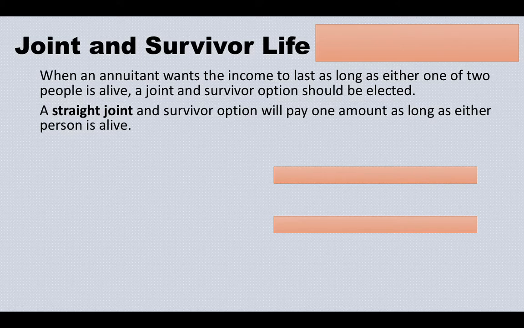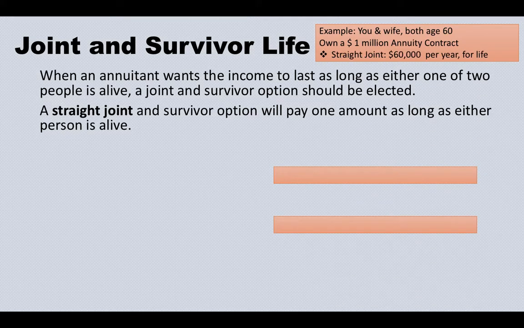You have the straight joint and survivor option, which pays one amount as long as either person lives. Say you and your wife are both age 60 and you own a $1 million annuity. The insurance company says, I have to guarantee the monthly payment while either of you lives, so I'm going to guarantee $60,000 per year for life.